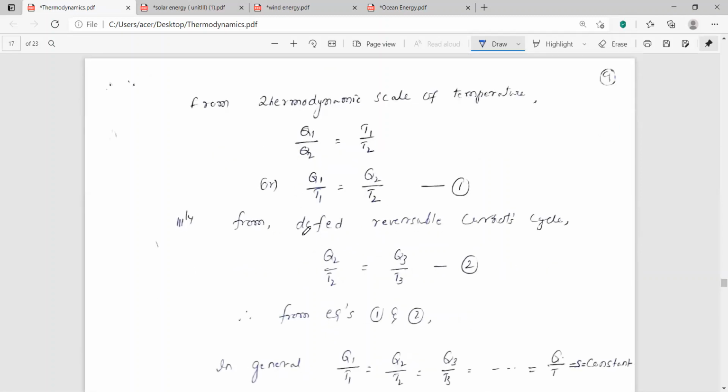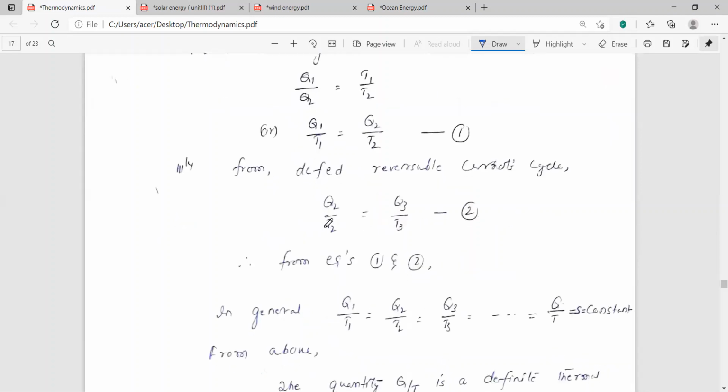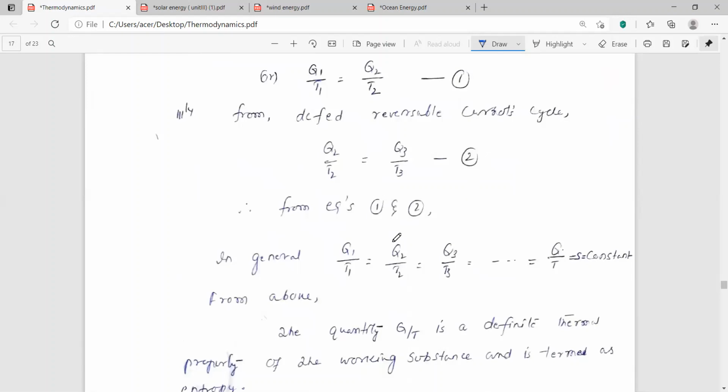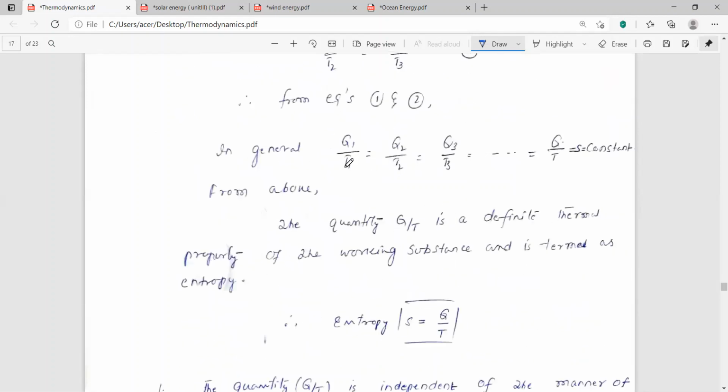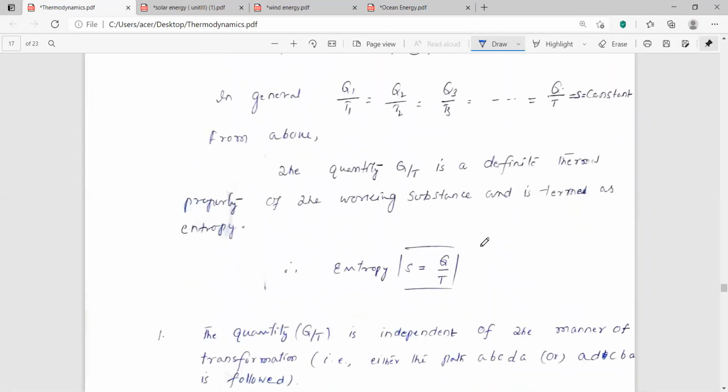Again, from the DCFE reversible Carnot cycle, we can write Q2 by T2 equal to Q3 by T3. From these two equations, we can write Q1 by T1 equal to Q2 by T2 equal to Q3 by T3, that equals S, which is called entropy. So the equation for entropy is S equal to Q by T.